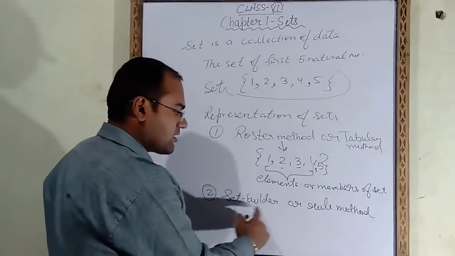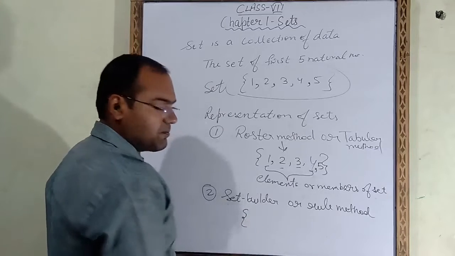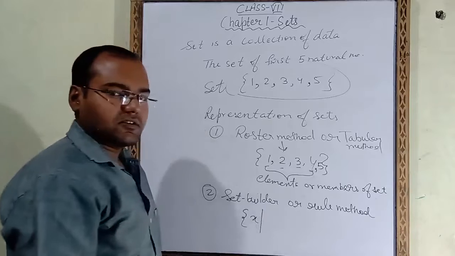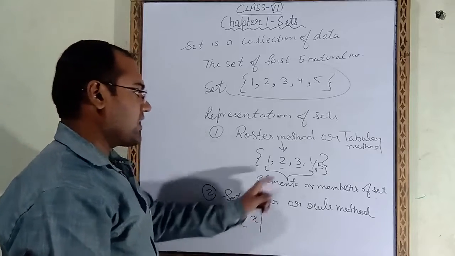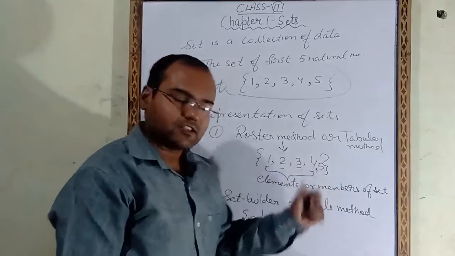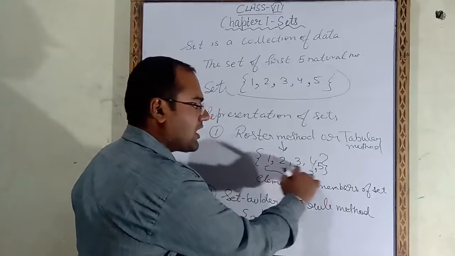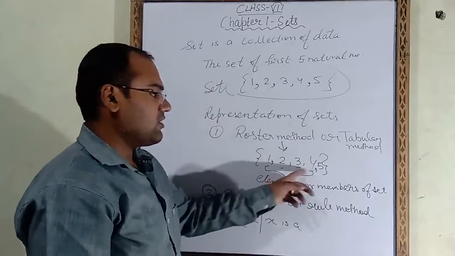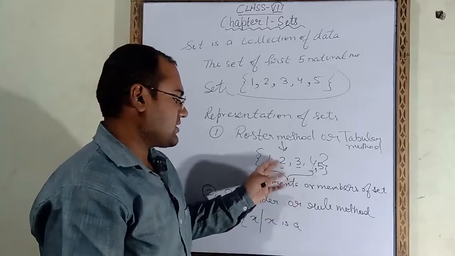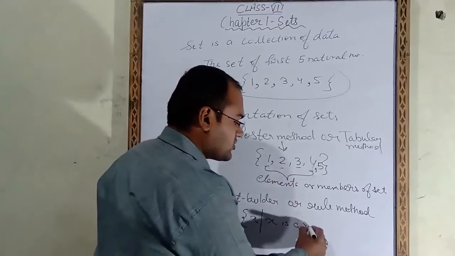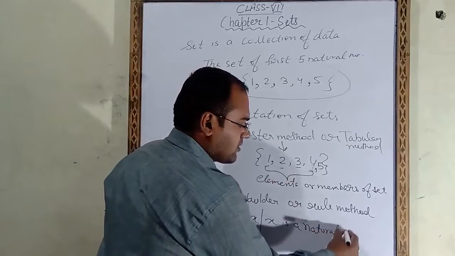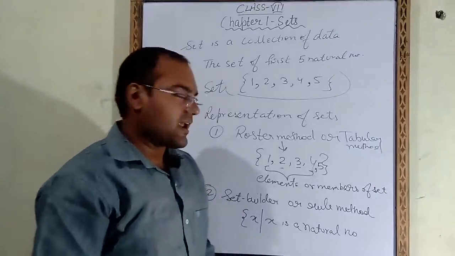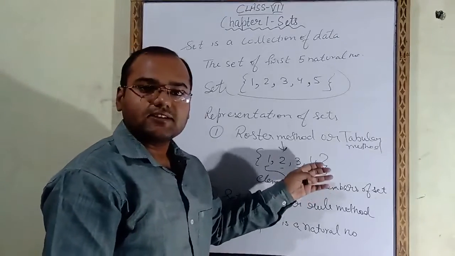So in set builder form, what do we have to do? In the beginning you write: x such that. These all are the values of x. So we have to say that these values of x are natural numbers, and these are all less than 6.